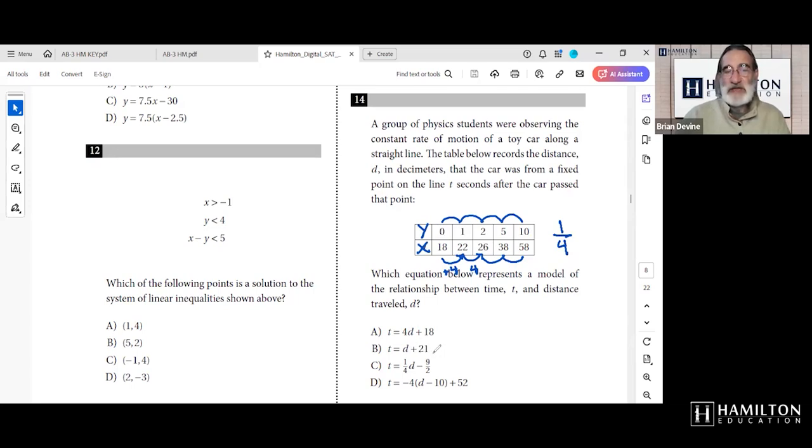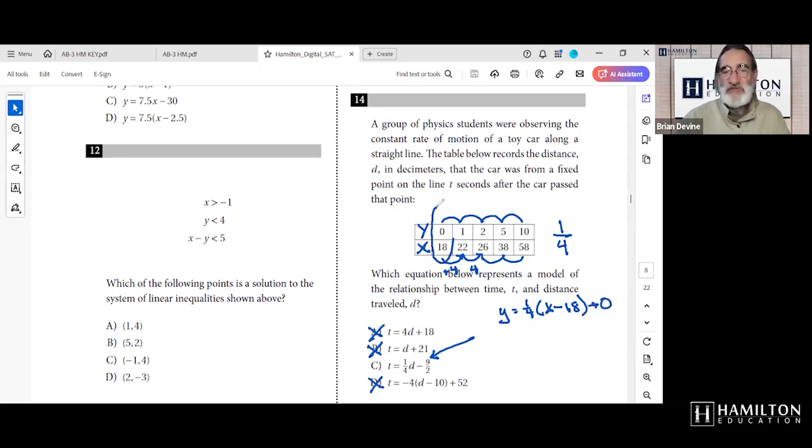And so we look down and see that it's not going to be A, it's not going to be B, it's not going to be D. The only equation that has a slope of 1/4 is C. And you can see that by taking y equals 1/4 of x minus 18 plus 0.